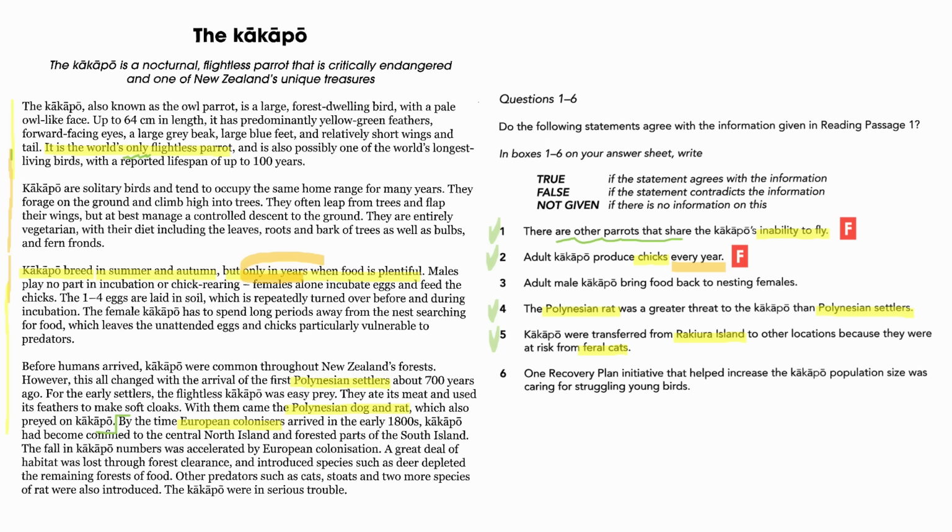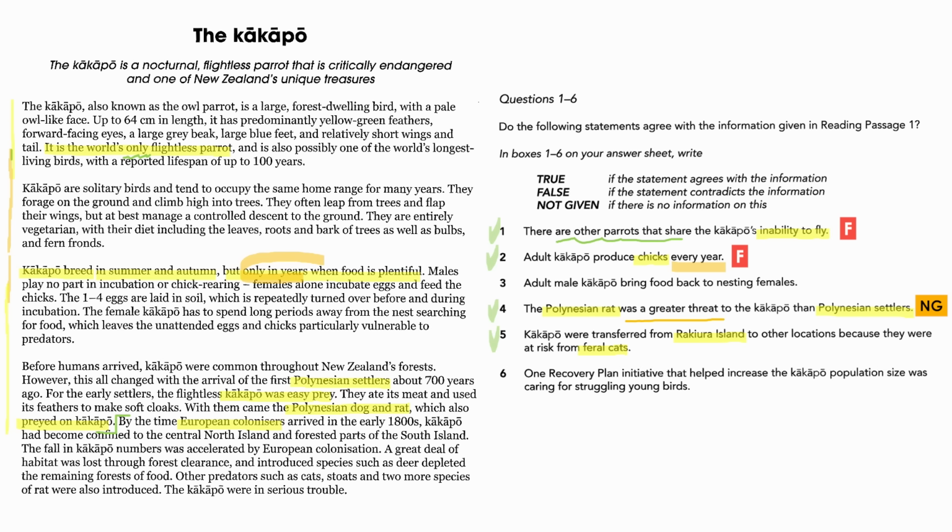So what can we find here? For Polynesian settlers, kakapo was easy prey, so they ate poor birds. And then for the Polynesian rat, which also preyed on kakapo, but the statement says that the rat was a greater threat than settlers. Is it true? We don't know. The answer is not given.